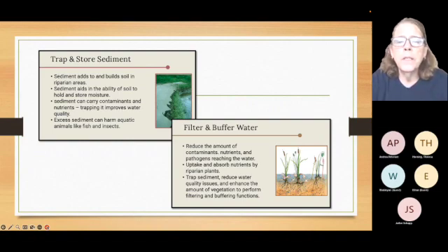Remember, every one of these waterways supplies water to a household somewhere. And then they trap a lot of the excess sediment that we talked about in order to keep it from harming the aquatic animals that we're so proud to see. Not only does it do that, but it also filters.